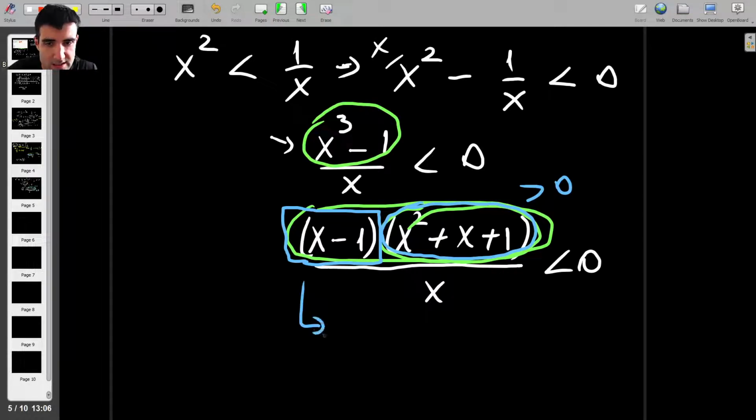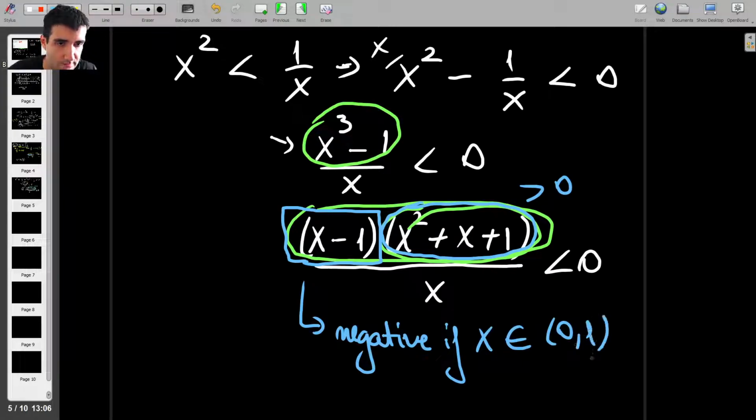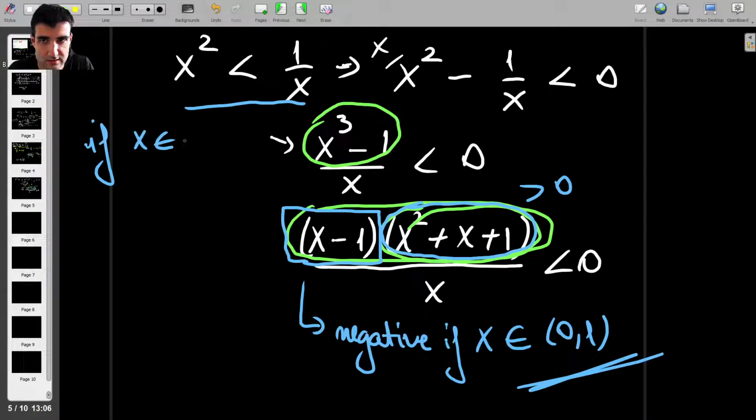But the idea is that if this is negative, then the whole inequality is going to be negative. And this is negative if x is between 0 and 1, like this. So this inequality will be true if x is anything between 0 and 1. So if you pick any number from there, x squared, the value that you picked, will be less than 1 over x. So that's what we have.